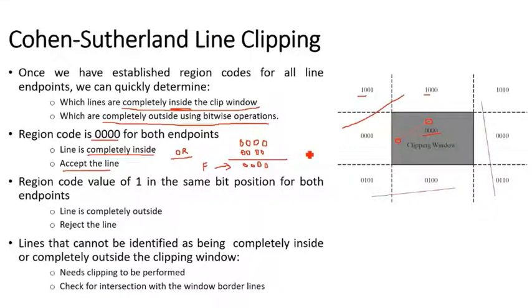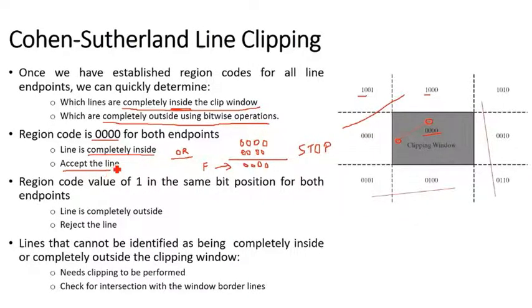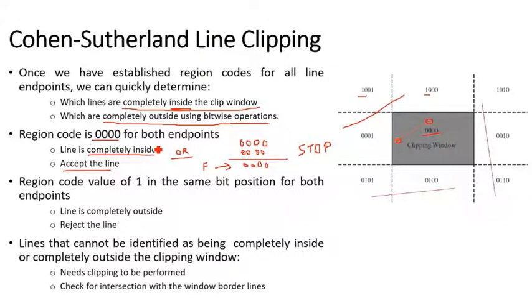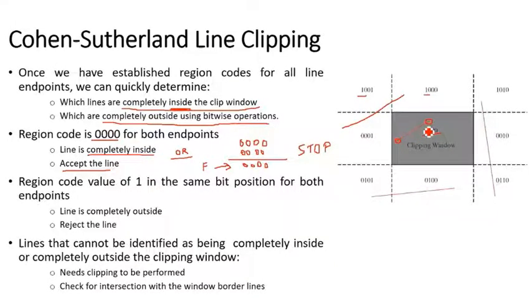So I stop my algorithm and I accept the line to draw it inside the clipping window. This is one of the stop conditions that I can use. If this condition occurs, that means my line is completely inside. It needs no clipping at all, so I can stop my algorithm easily.